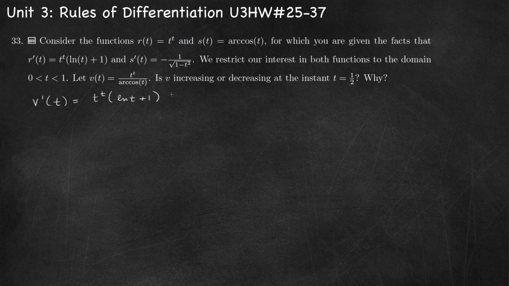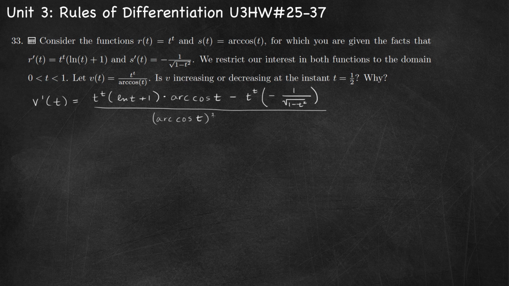So derivative of the top times the bottom, so times arc cosine t, minus the top, t to the t, times the derivative of the bottom, and the derivative of the bottom is given to us as negative 1 over square root of 1 minus t squared. All of that gets divided by bottom squared. So arc cosine of t squared.